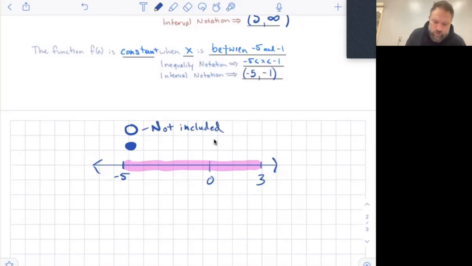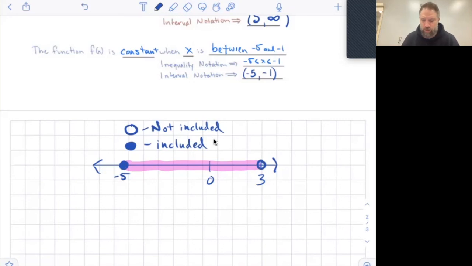The solid dot means that that value is included. So for this interval between -5 and 3, if we want to include -5, we'll use a solid dot there. And if we don't want to include 3, we'll use a hollow dot.